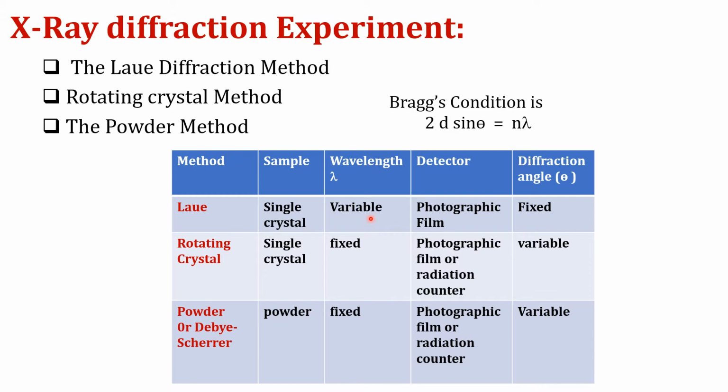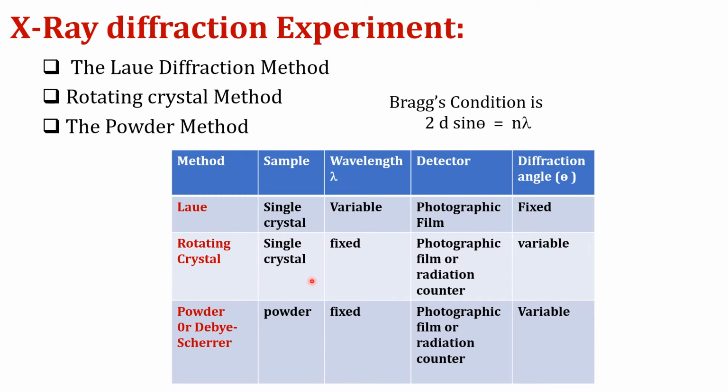The wavelength of X-ray used in that case must be variable, meaning we use white X-rays or a continuous X-ray beam. The detector is used for recording the reflected or diffracted X-rays in that experiment, so photographic film is an important parameter. The diffraction angle should be kept fixed.